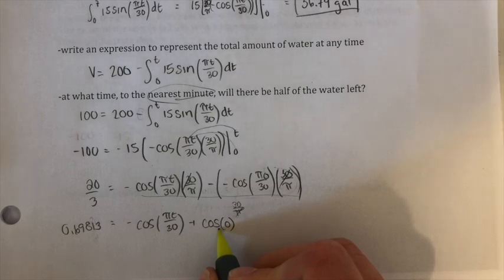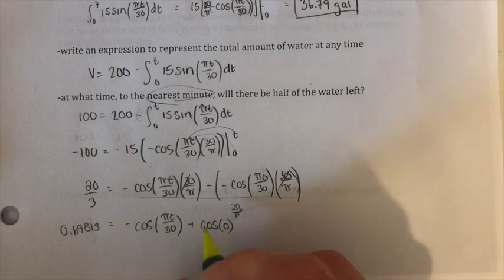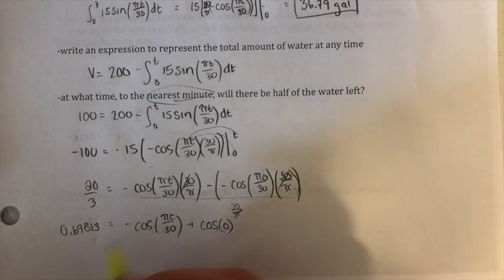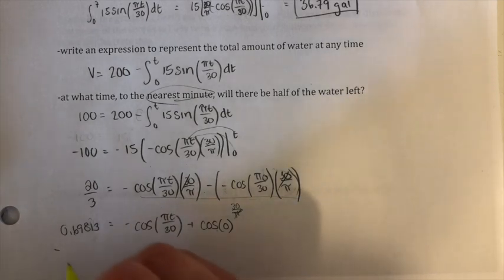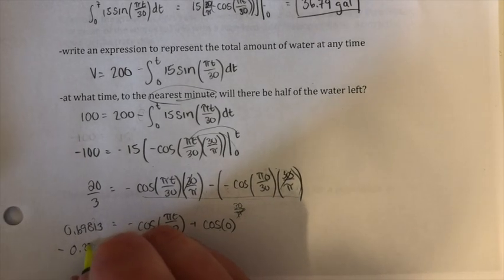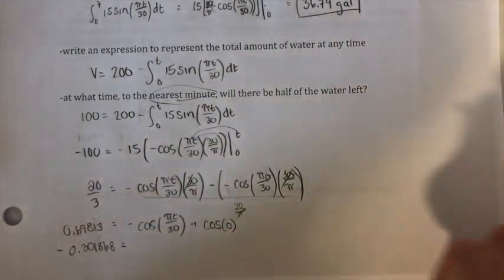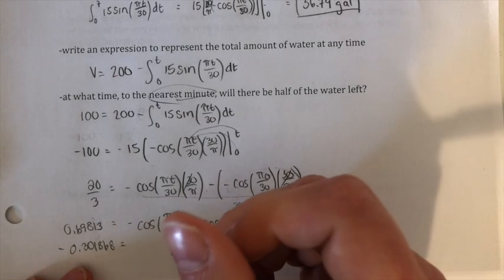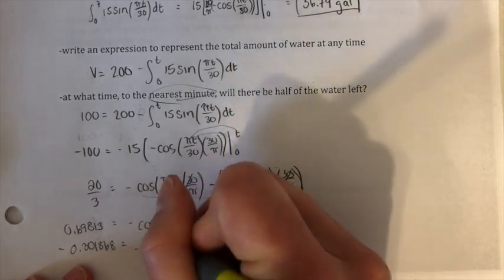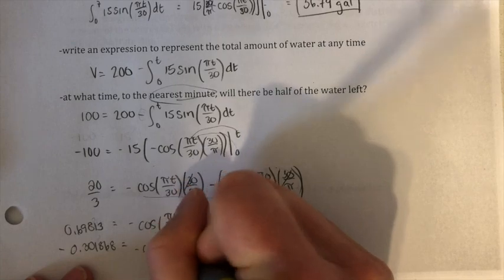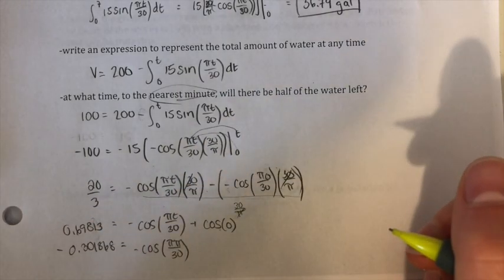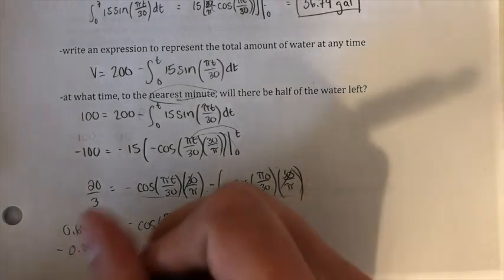So if we subtract 1 from both sides, we get negative 0.301868. Then we can get rid of the negatives.